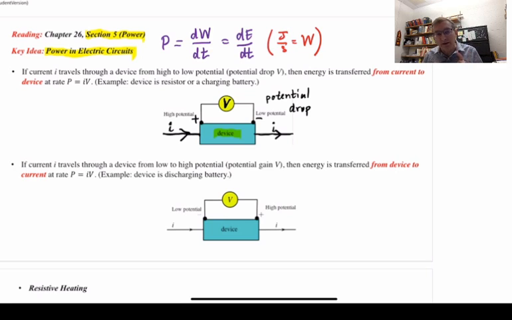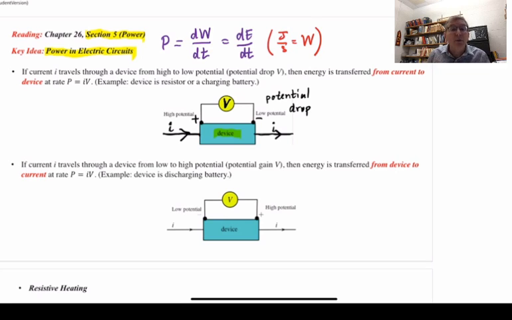That's one important point. We always want to keep track of which way is energy being transferred in a circuit. And there are basically only two options. When you've got a device with current flowing through, the direction of energy transfer can be either into the device from the current or the other way, which I'll talk about in a minute. But right now, the energy is flowing into the device from the current.